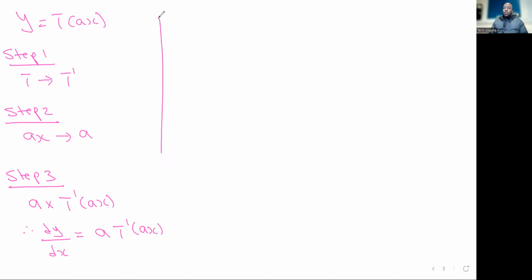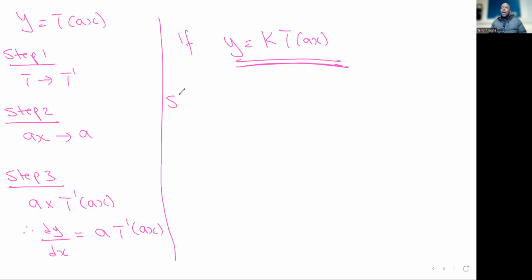Now, if the question was y is equal to k t ax, so if the question was this, for instance, what you will now do is that you now have step 4. The answer you have here will now be multiplied by what?